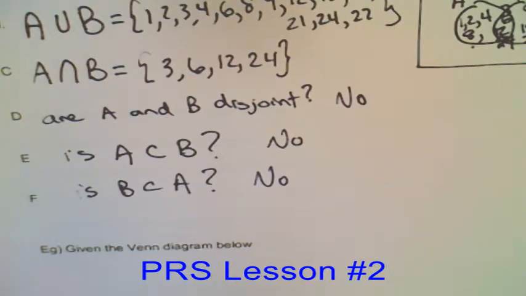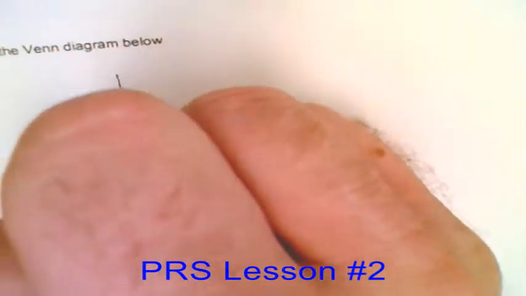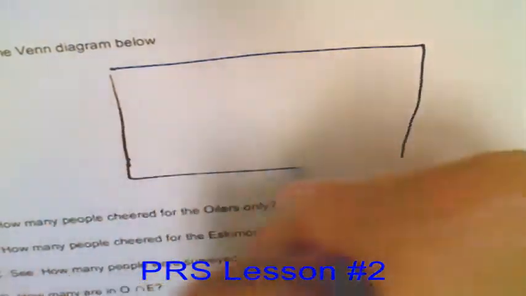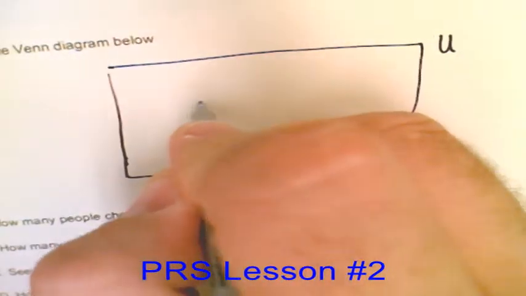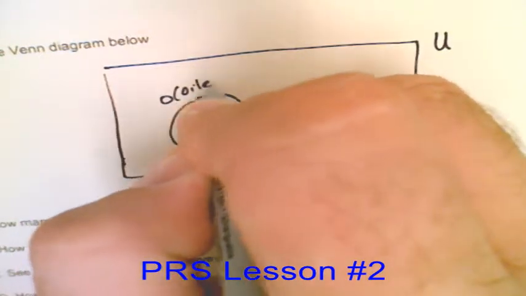You could also ask, is B a subset of A? Okay. Are all of the elements in B also in A? Well, the 9, the 15, the 18, the 21, and the 27 aren't. So this, once again, is a no. Okay. So just don't forget you've got all these symbols, and they all look very similar. Okay. So you've got that sort of idea.